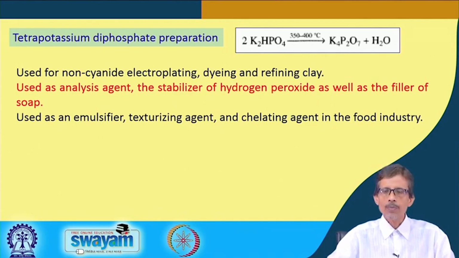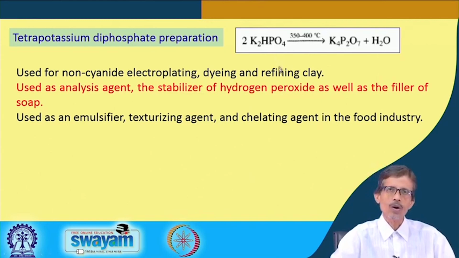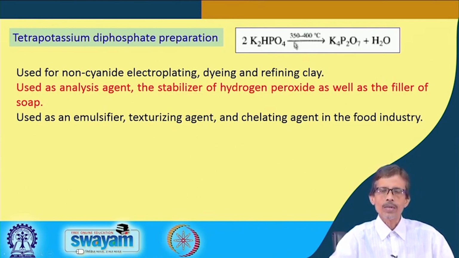Similarly, the dipotassium salt of phosphoric acid gives us the corresponding K2HPO4 as the salt. So we can get it directly from the acid medium by giving potassium hydroxide or potassium carbonate or potassium bicarbonate.